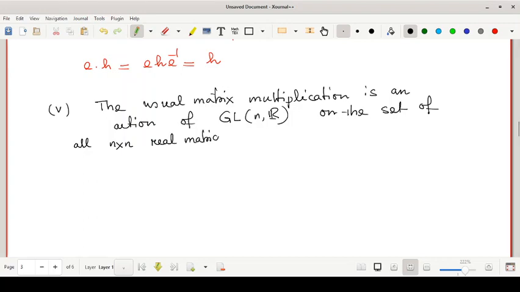How do we denote it? We denote it by M_n(R). So the matrix multiplication is an action of GL_n(R) on M_n(R).